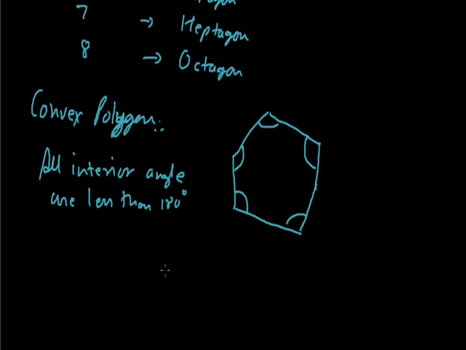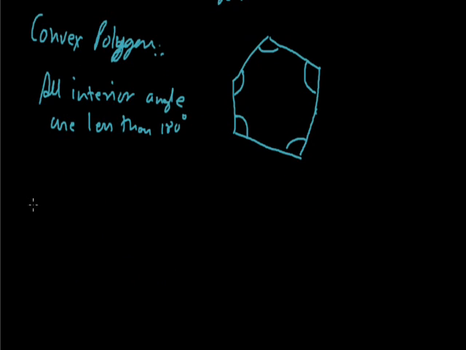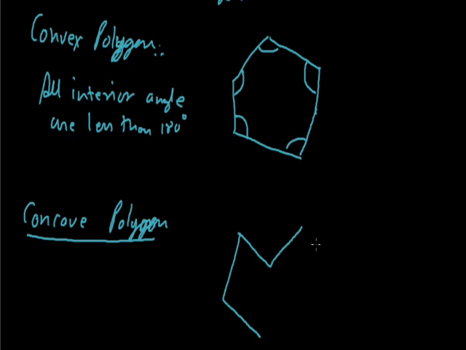While in the case of concave polygon, one or more interior angles of the polygon are greater than 180 degrees. Let's say this is a polygon in which this angle is more than 180 degrees.